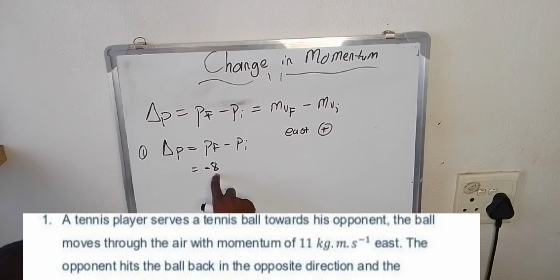So the value 8 goes with the negative sign. Then minus, and the initial momentum is 11 kg·m/s. Then we do the calculation, and the final answer is negative 19.